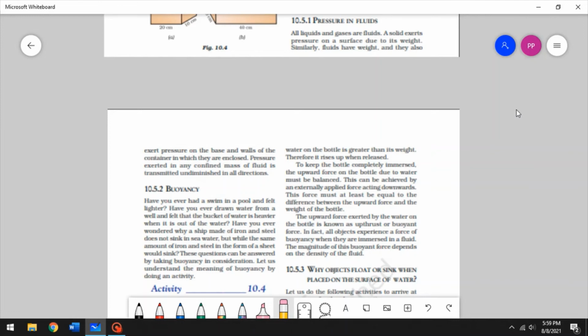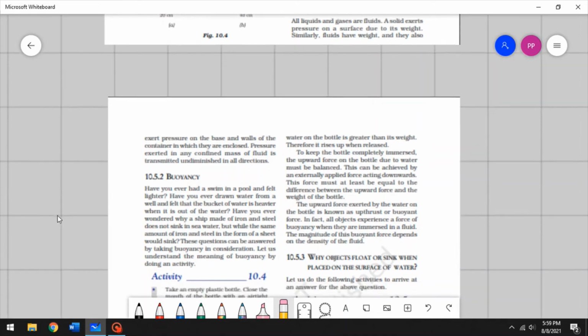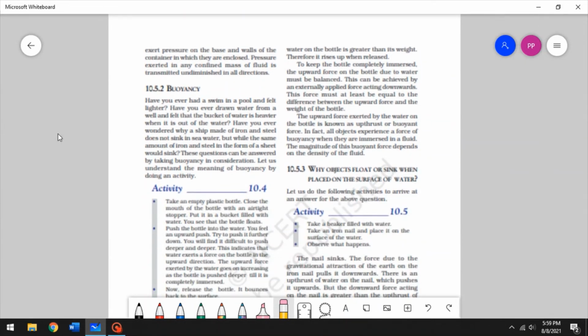So it's the same concept, buoyancy. Alright? And have you ever wondered, this is a very common question, why does a ship that is made of iron and steel not sink in water, but the same amount of iron and steel in the form of a sheet sinks? So this is a very important give reason question or explain question, right?